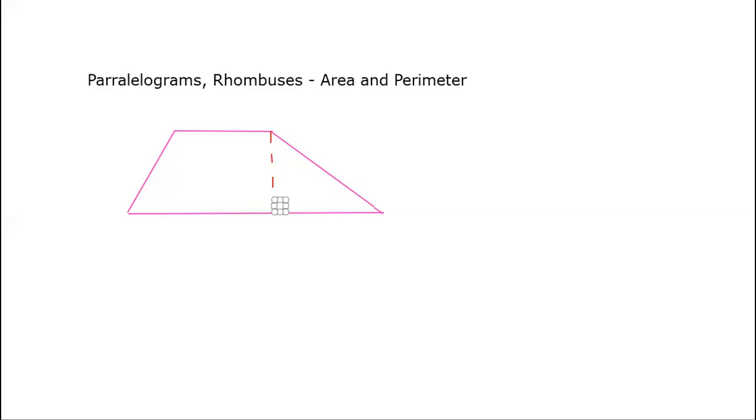What if we had 2.3 centimeters on the top of this, and the base is 7.9 centimeters, and our height is 30 millimeters.